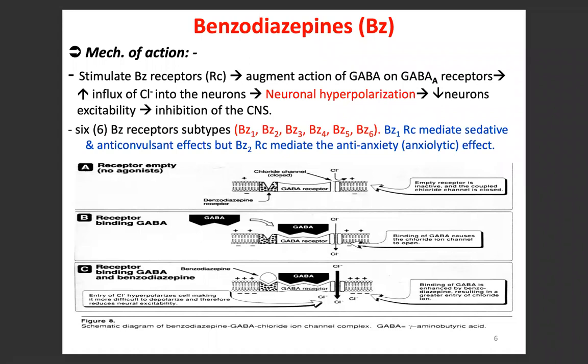And when there is neuronal hyperpolarization, it may lead to decreased neuron excitability. And if there is a decrease in the neuron excitability, there is inhibition of the central nervous system. And inhibition of the central nervous system means it sedates the patient, calms the patient.